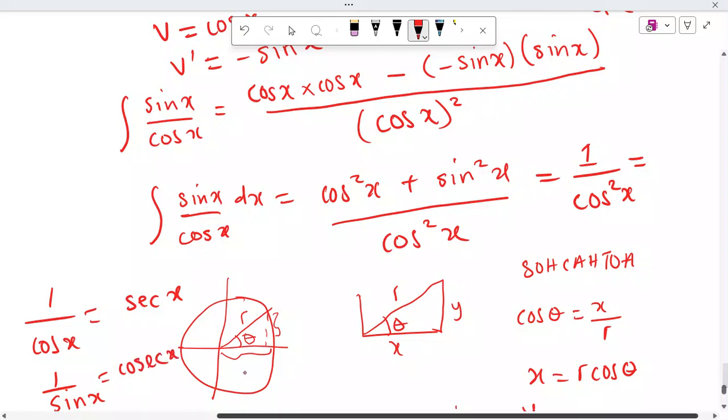You just have to know some basics. 1 over tangent x is cot. So 1 over cos is sec. So this will be sec squared x. So that's the answer.